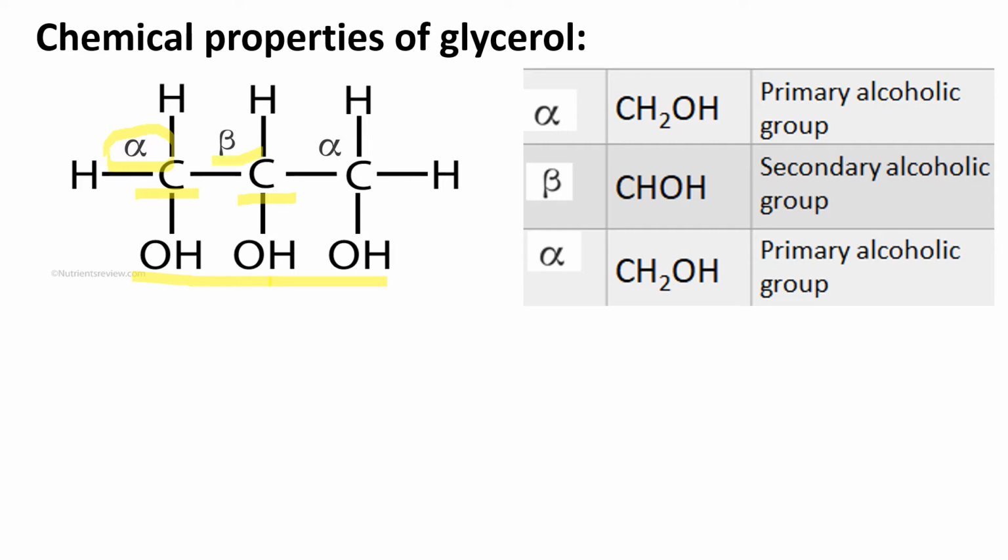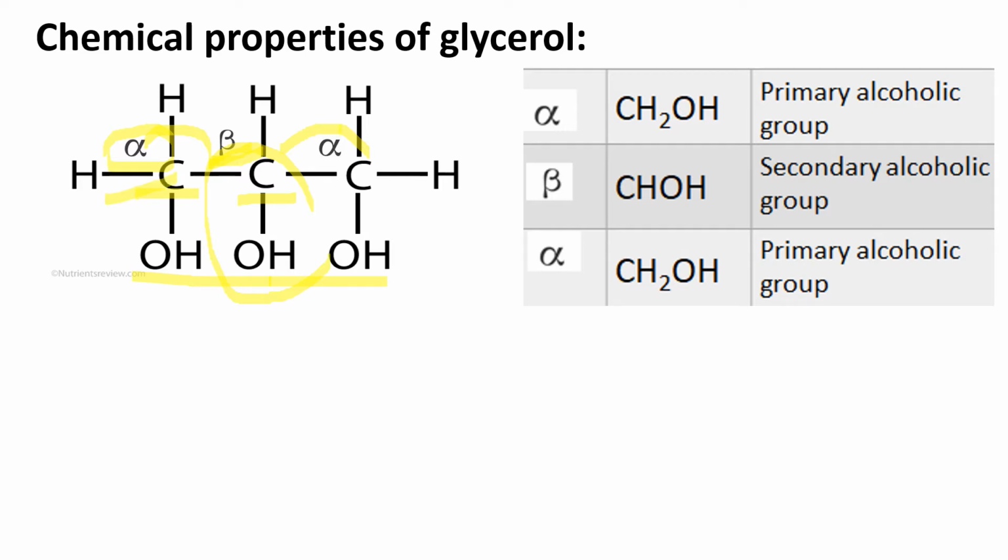beta carbon. This is a secondary alcoholic group because the hydroxyl group containing carbon is linked to two other carbon atoms. Hence it is a secondary carbon, and this alcohol is called as secondary alcohol, and the carbon is named as beta carbon. Then coming to this third, again this is CH2OH, just like this alpha carbon.